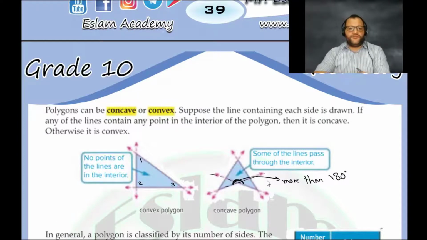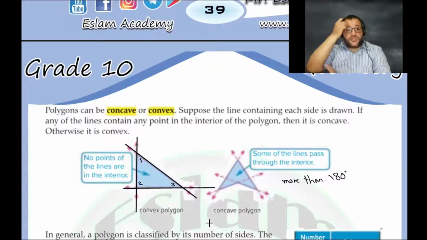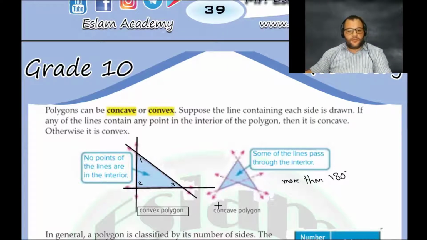Again, if you extend any side of a convex polygon, the extension will go outside the shape. It means this shape is called convex. If you extend this side here, you will find one part inside the shape, and the other part here also inside the shape. It means this shape is concave.